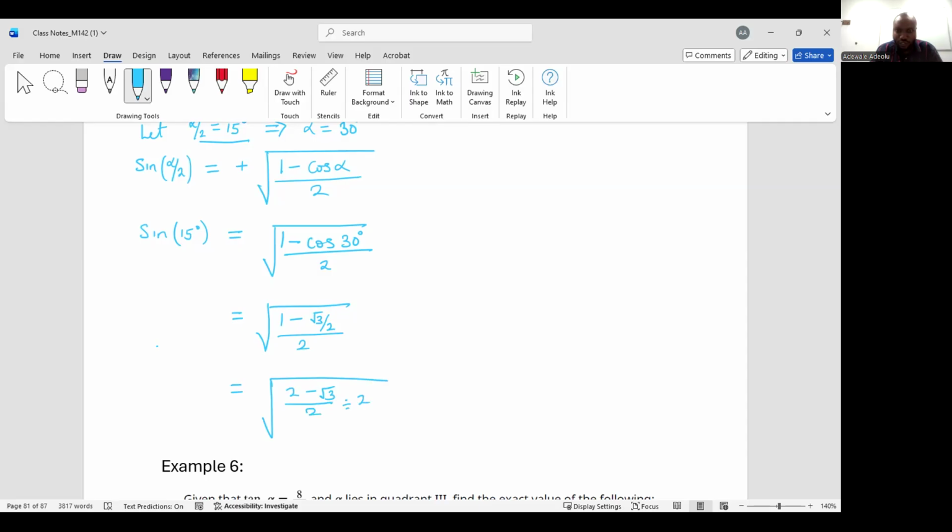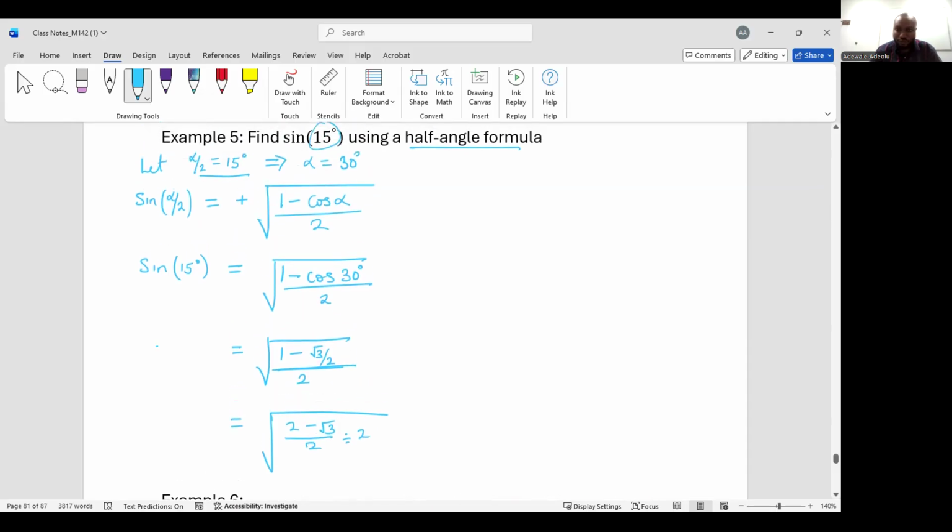And that is square root of 2 minus root 3 over 2, divided by 2. By solving the numerator, you get 2 minus root 3 over 2. Then divided by 2, which is square root of 2 minus root 3 over 2 times 1 over 2, because this is 2 over 1.